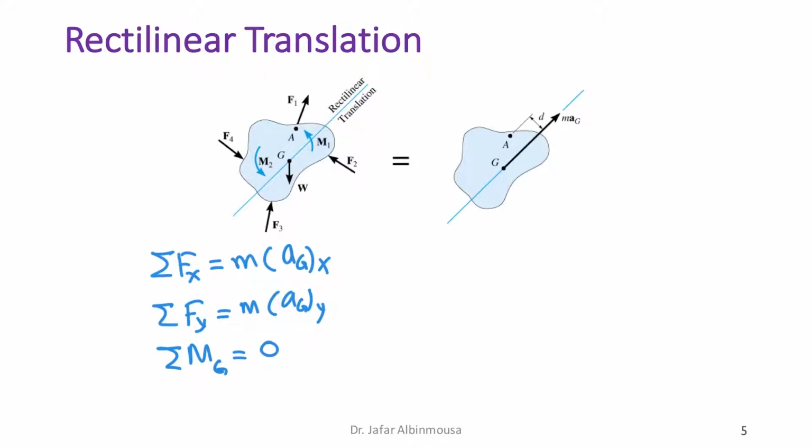There is no alpha. So this is for the free body diagram right here.